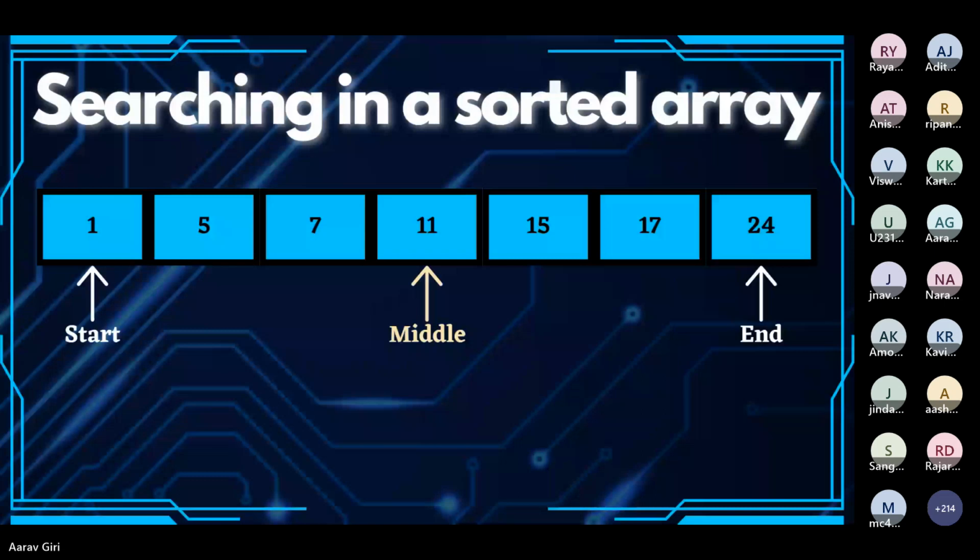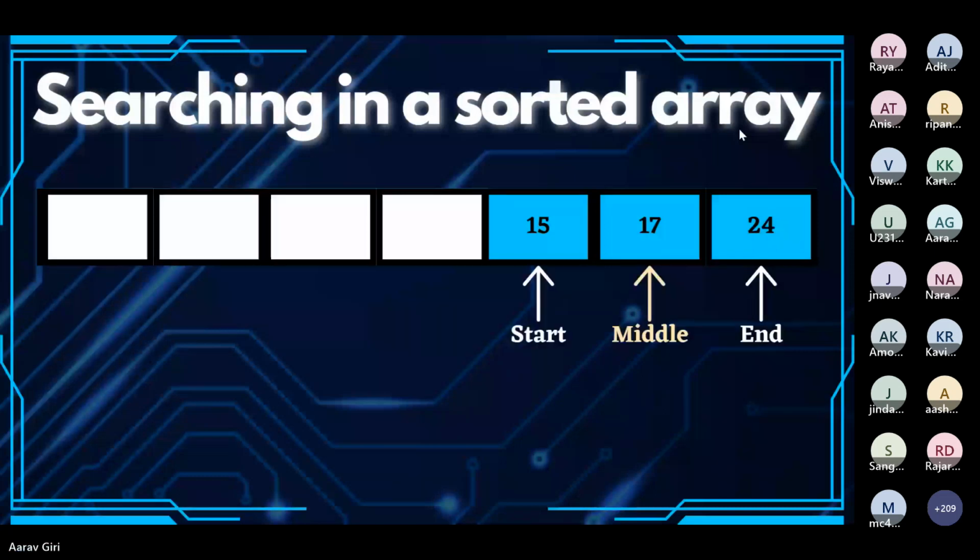And notice when we're discarding the left half, our starting index will change. From 1, it will go to pointing towards 15. So from index 0, it will go to index number 4. All right. So I discarded the left half. Now my middle index is pointing to 17. At the middle index, I have 17.